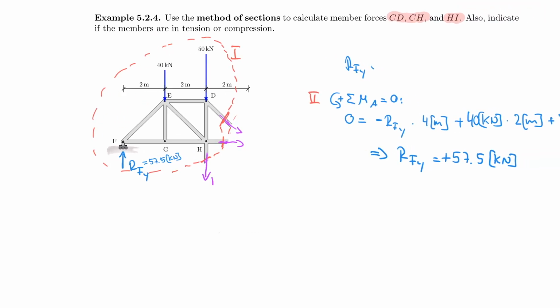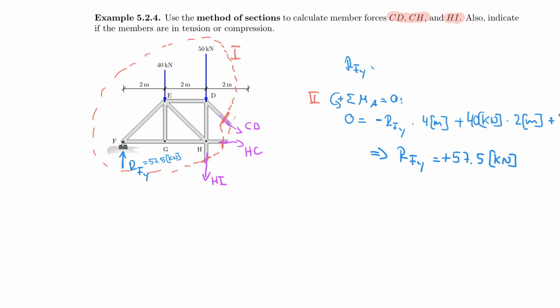So this here would be HI. This would be HC, and we have CD up there. And the easier one to calculate would probably be HI by taking the sum of the moments about point C, because then CD and HC disappear and all I have to deal with is HI.